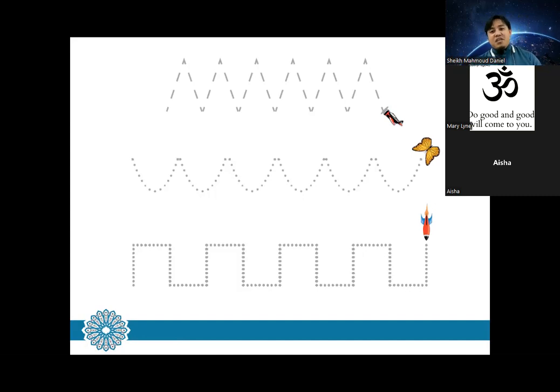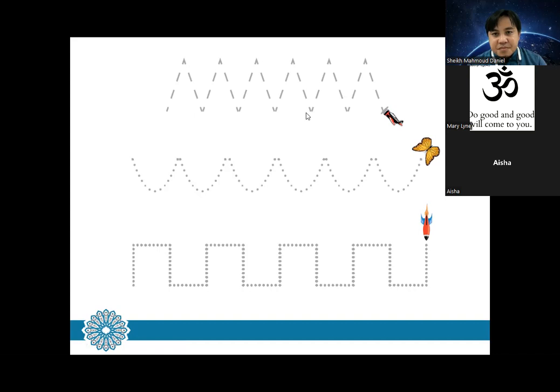As you can see in front of you on the screen, this is one of the examples if you want to write the Arabic alphabet or the Arabic words. So this is just an exercise, how to exercise your hands to make the stroke of the Arabic letters.